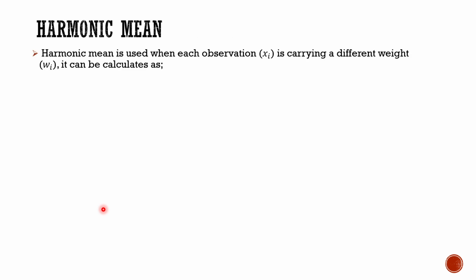The weighted harmonic mean is used when each observation xi carries a different weightage wi, and it can be calculated with this formula, where H is the harmonic mean. In the numerator we have the summation of all wi, and in the denominator we have the summation of wi upon xi.